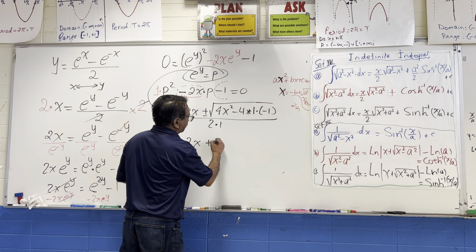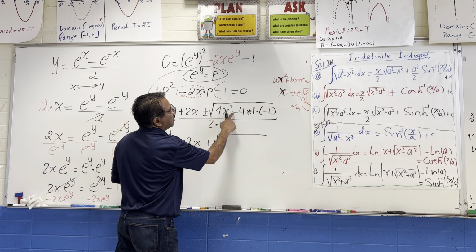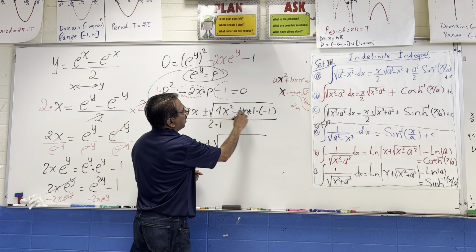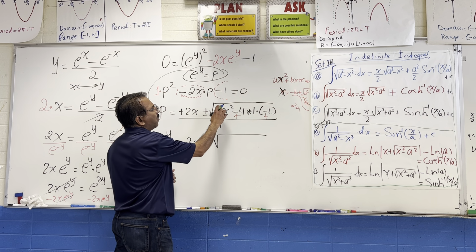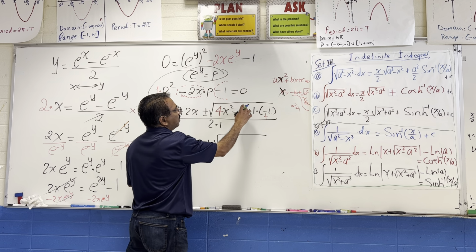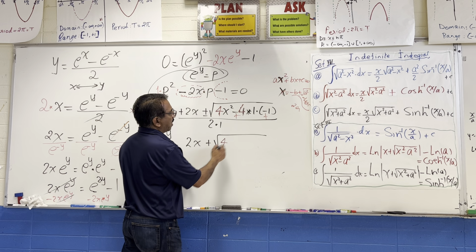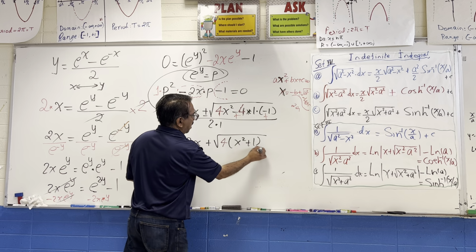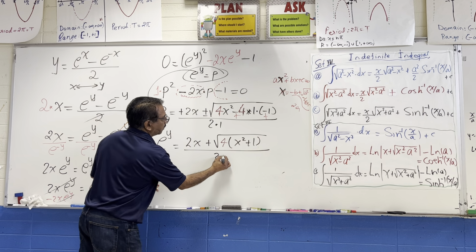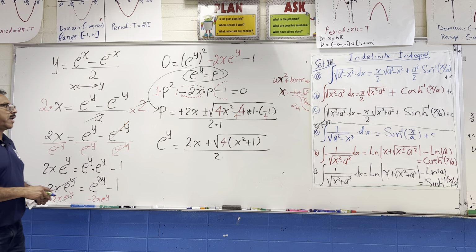So square root. And this negative will change to positive. And at the same time, you do see that there's a 4 which is multiplied both places. So we can undo that 4 and write down x squared, negative, positive 1, and divide by 2. I hope that helps.